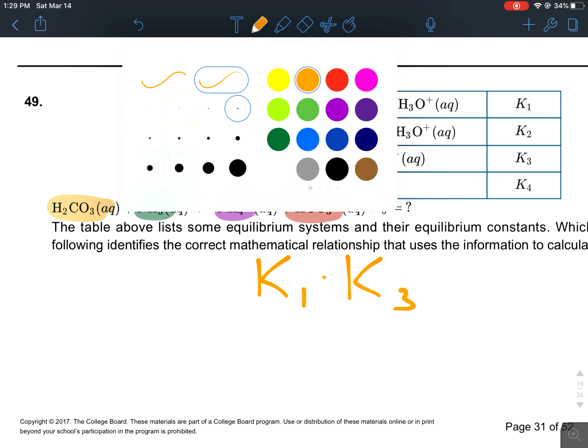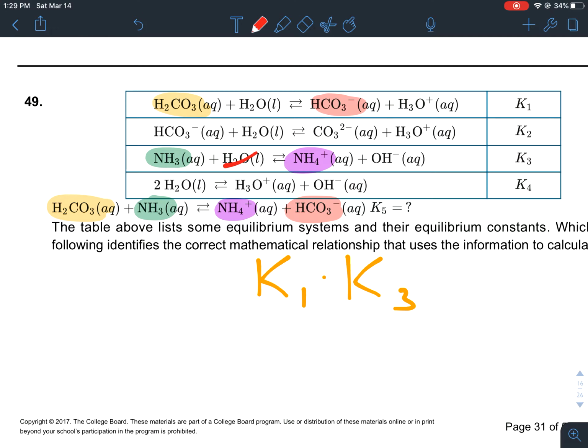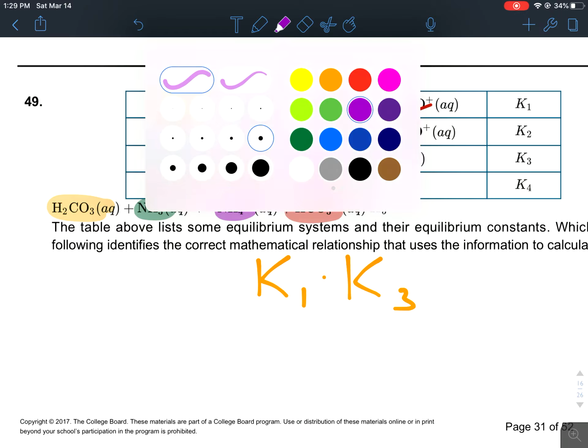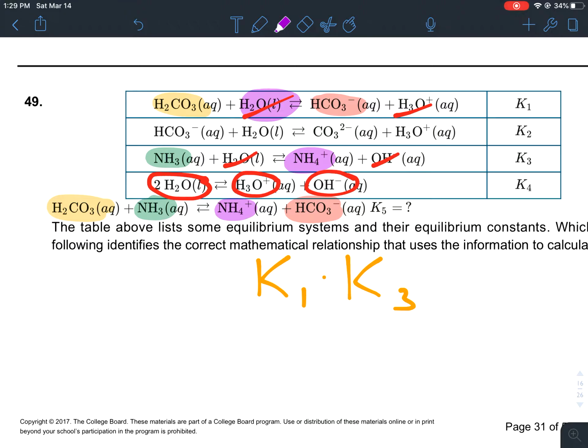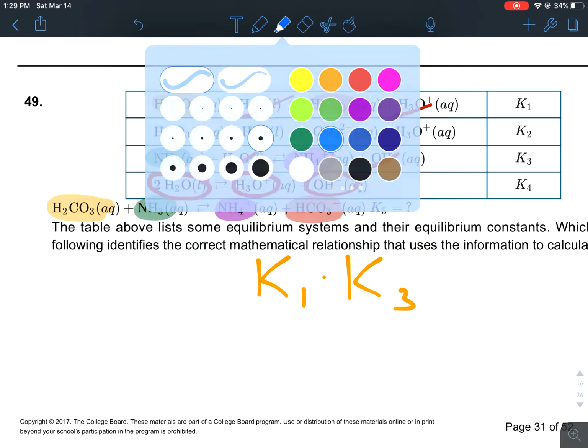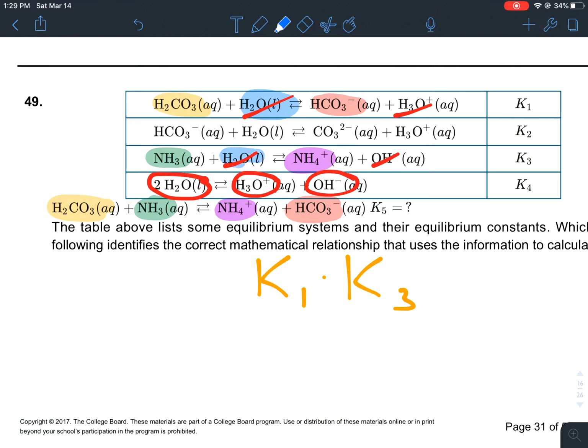However, how do I get all this other stuff to cancel out, like this H2O and this H2O and this H3O and this OH? Notice I have H2Os here, and I have an H3O here and an OH here, but they're all on the wrong side. I need these H2Os over here to cancel out with this.